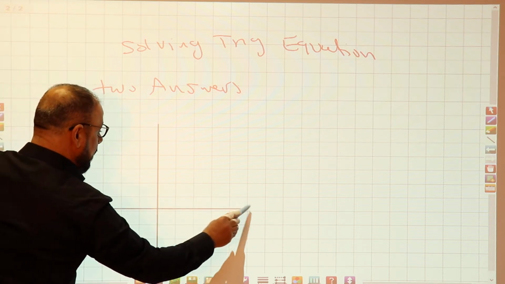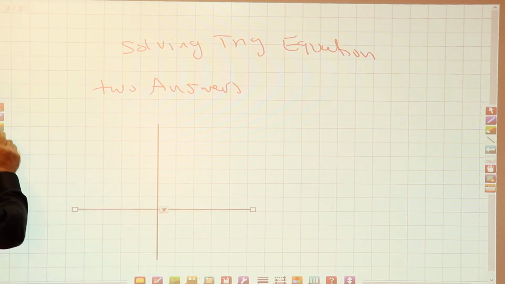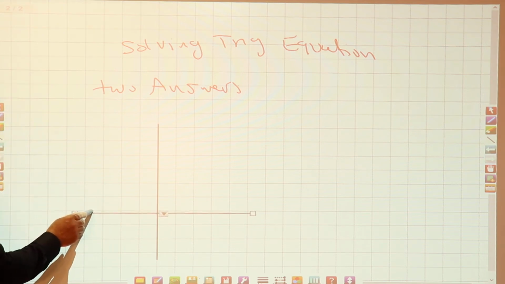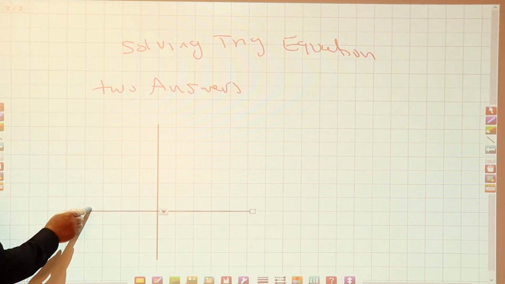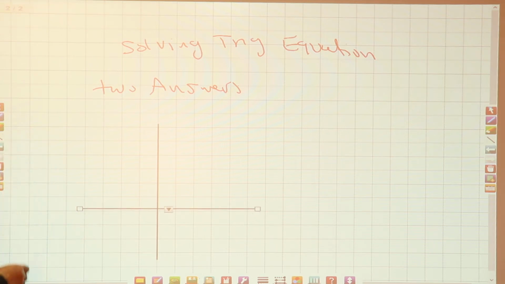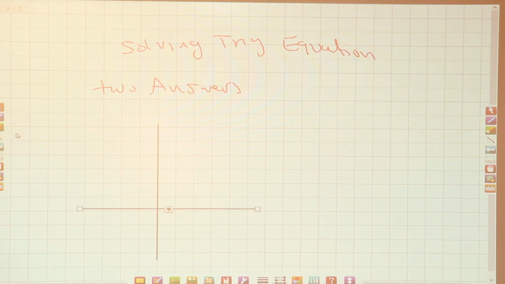I want to show you what I mean, but I need you to remember this before I start solving the equation. Okay, no problem. I want to get my mouse here, and it's easy to control anything by the mouse.